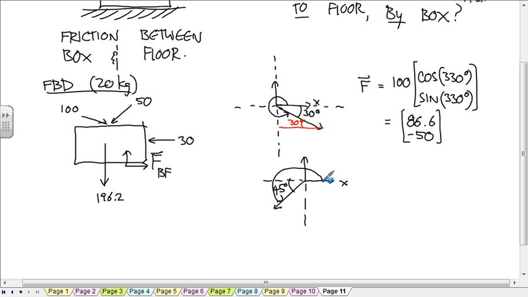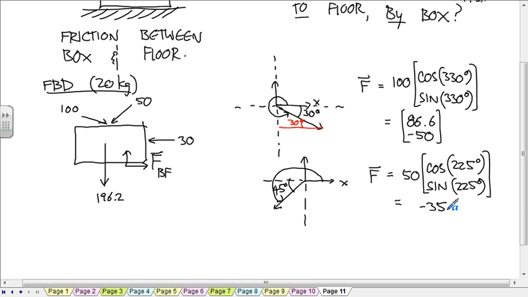So that's 180 plus another 45, so 225. So the force vector is 50 times cosine of 225, sine of 225, and so you get minus 35.35, minus 35.35.